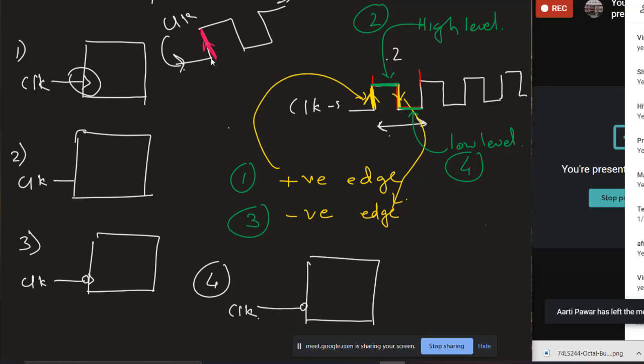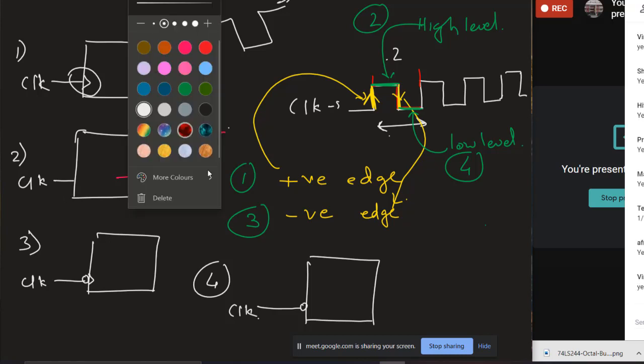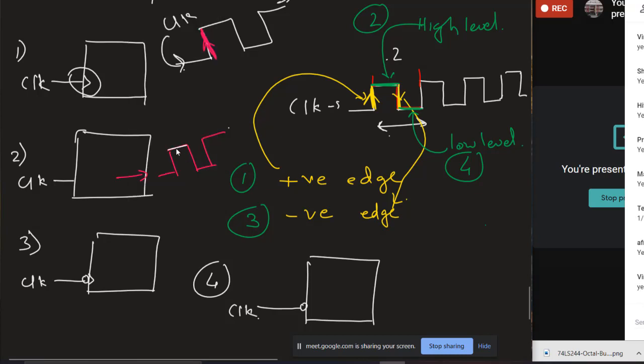Is this part clear? Similarly, in this case, if this is the positive high level clock, then the output will change only when your clock is high, and the rest of the time your output is not going to change. I just want to know whether I am audible to you right now also or not. Hello? Okay, good.